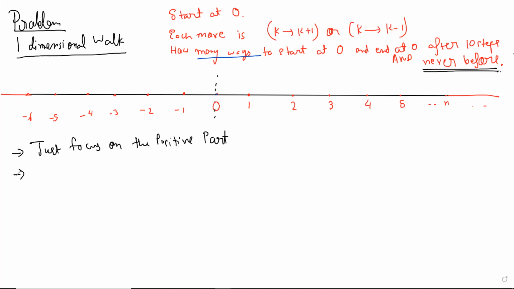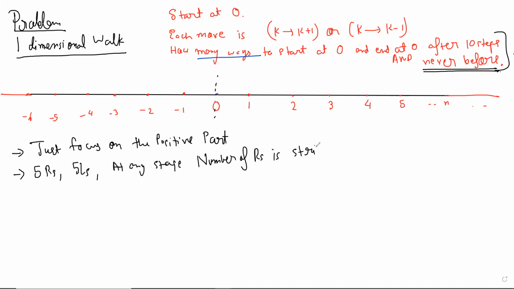Yes. So how do we write these in the conditions? Basically, again, we need 5 R's and 5 L's. But then what is the extra condition? At any stage, at any scan you do from left to right, the number of R's is, in this case, strictly more than the number of L's.